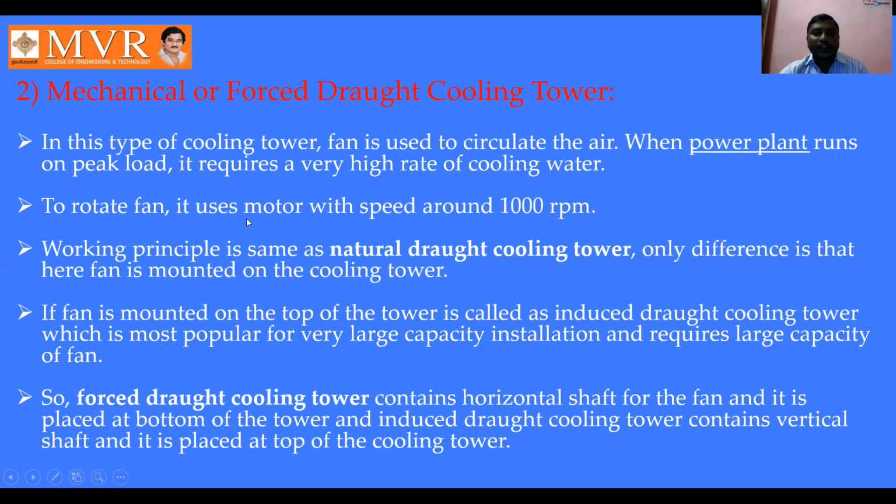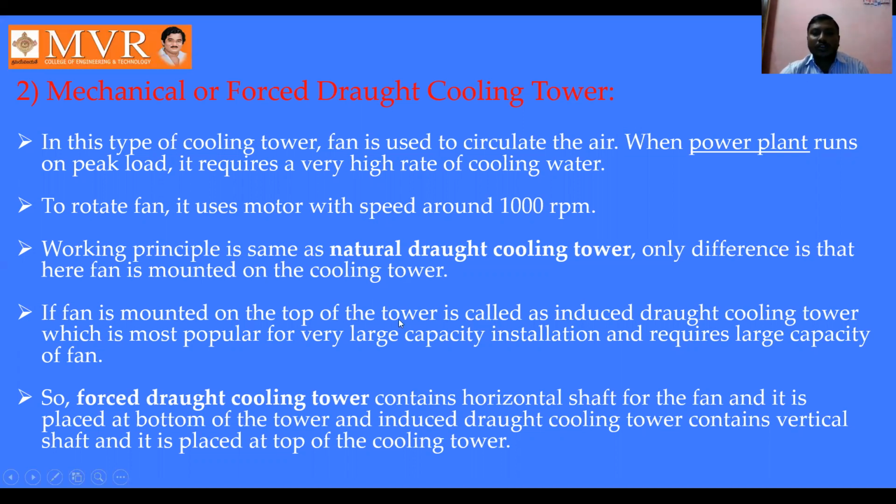To rotate the fan, it uses a motor with a speed of around 1000 rpm. The working principle is the same as the natural draft cooling tower, which I have explained. The only difference is that here the fan is mounted on the cooling tower.